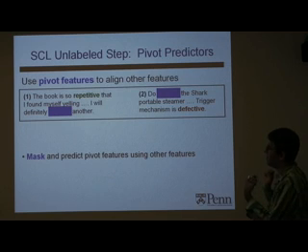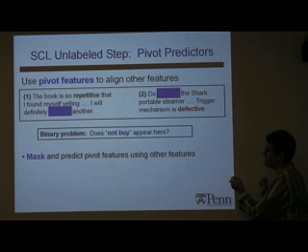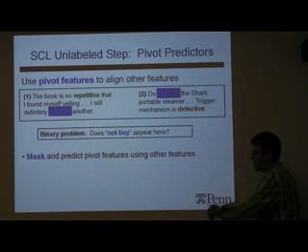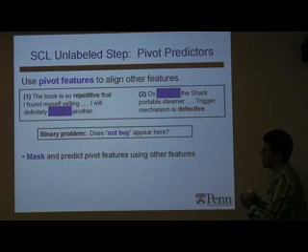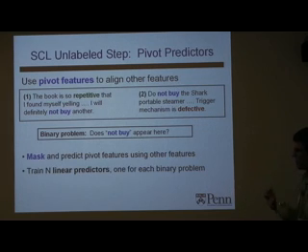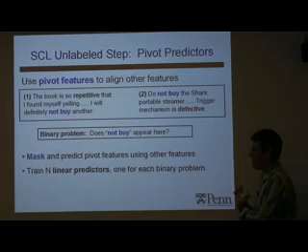So we're going to construct a single binary problem and instantiate that across all the data and say, does the phrase "not by" occur here? Yes or no? Okay? And we're going to train n linear predictors here, one for each binary problem.